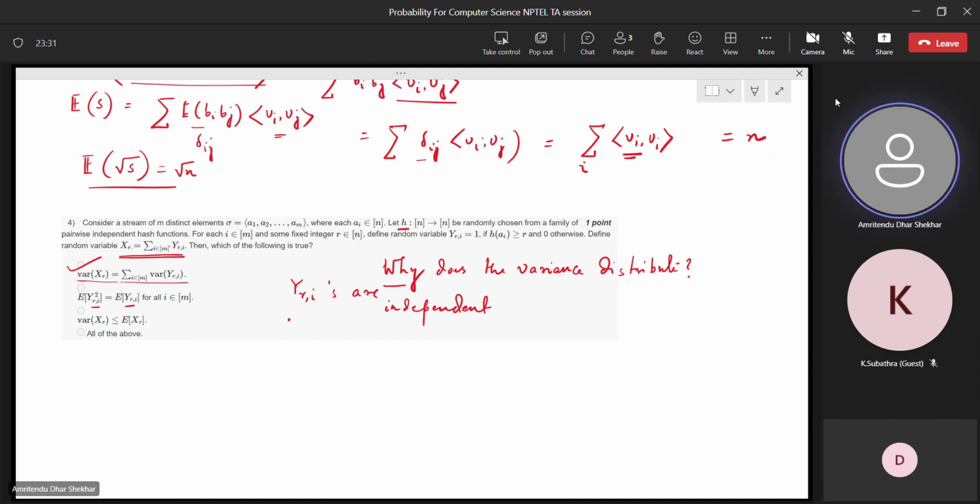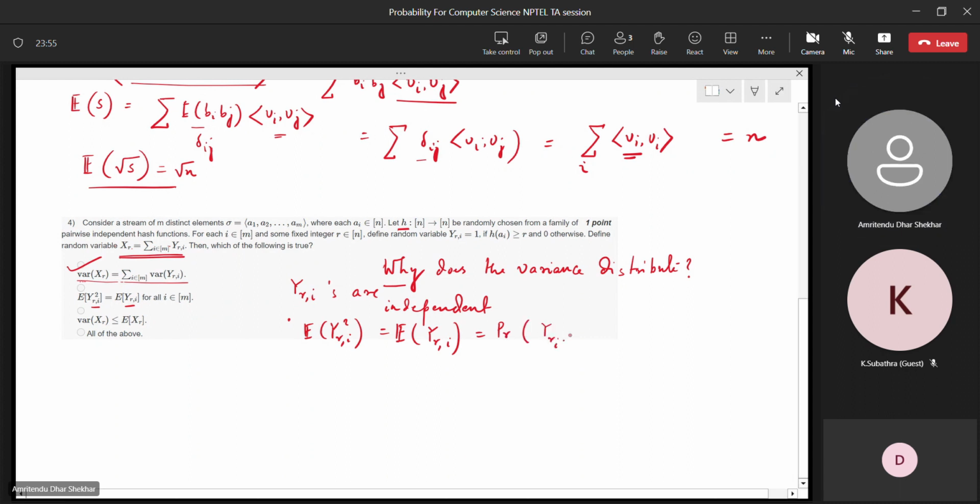So the expectation of Y squared is equal to the expectation of Y, which is equal to the probability that it equals 1. Yes, the second one is obviously true.